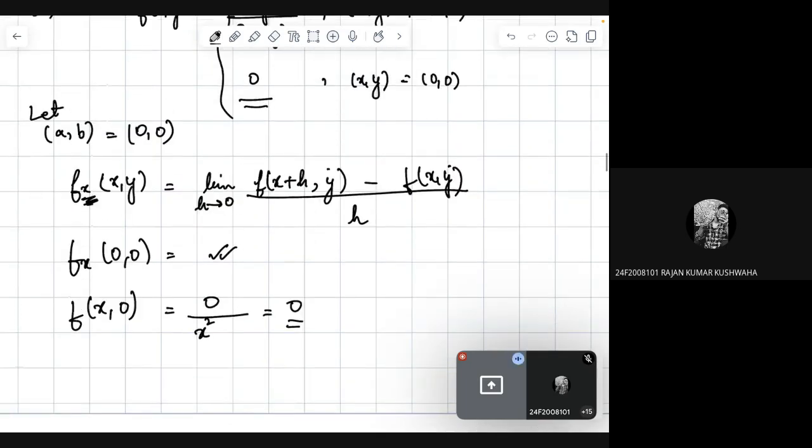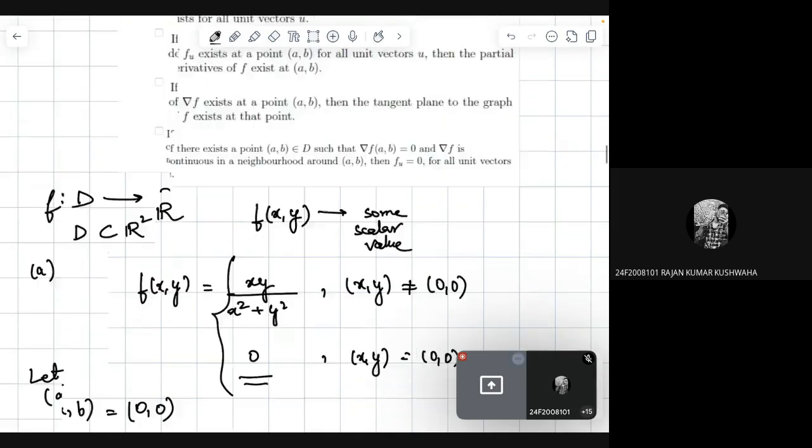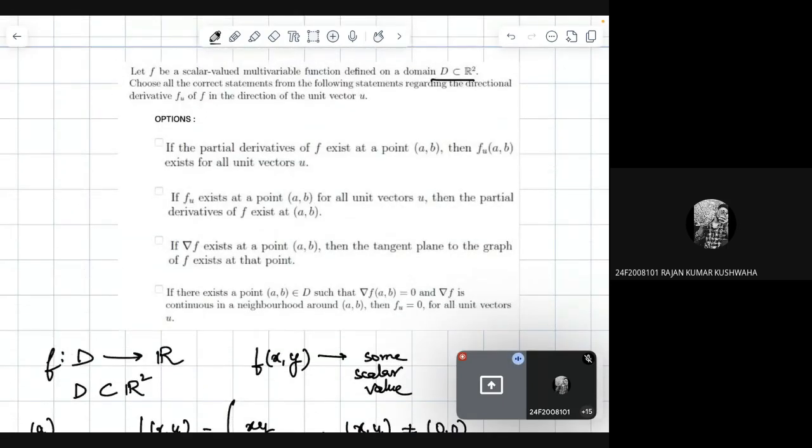So what did we see? We saw that the partial derivative exists, but the directional derivative does not exist, right? What was the statement? The statement was, if the partial derivative exists, then the directional derivative also exists. But we have shown for a particular function that the partial derivative exists, but the directional derivative does not exist. What direction did we take? We took the direction (cos theta, sin theta), and so this particular option is incorrect.